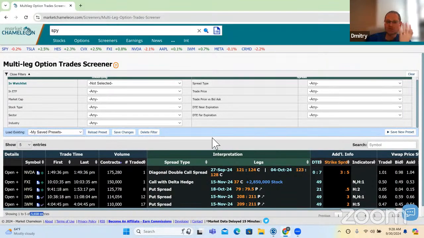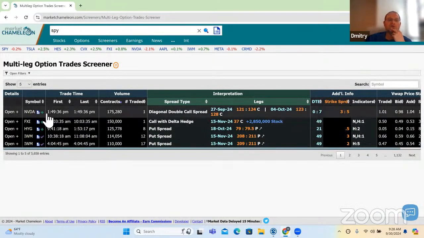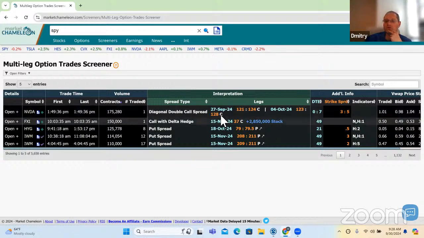You could screen these. And here are the top ones. I'm going to close the filters, but NVIDIA, with the most contracts, 175,000, looks like a diagonal double call spread. You could see September 27th, the 121, 124, October 123, 128.